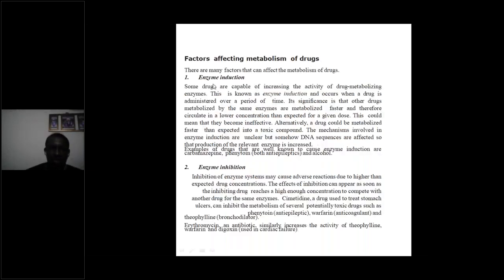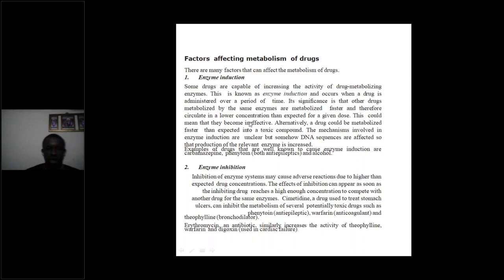Other conjugation occurs with sulfate, acetyl, methyl, and glycine groups. So these are the different compound groups in the body that the liver uses to conjugate the drug molecule in phase 2 reaction.